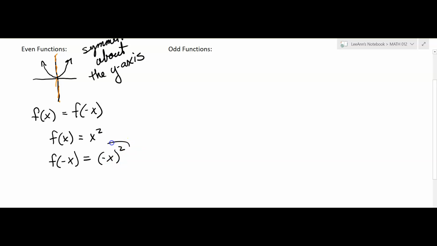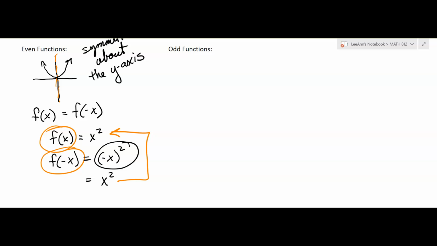But if you simplify this, that's just going to be x squared, right? Because a negative times a negative is going to be positive, and so you get x squared. Notice that you come out with the same function that you started with. So f of x is equal to f of the opposite of x. That's the test to see if it's an even function. So yes, this is an even function.